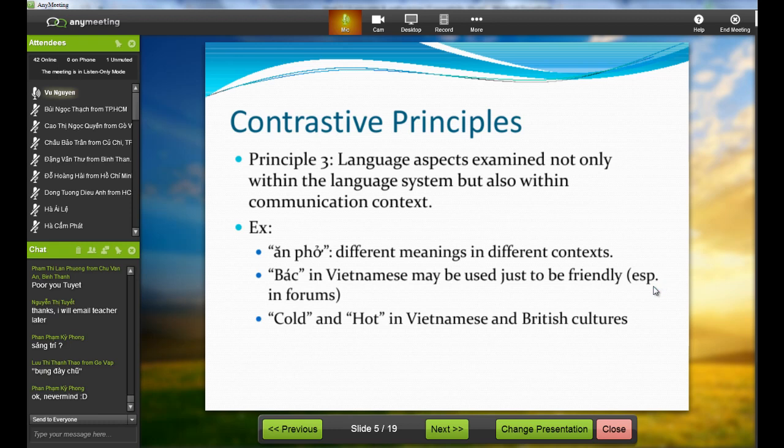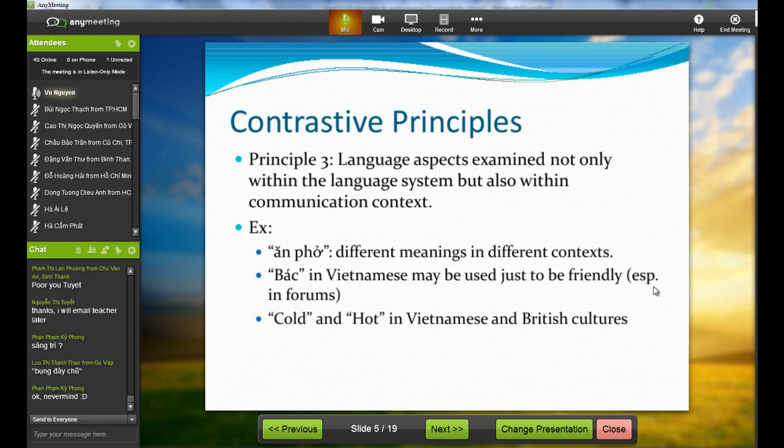Now, bác can also be used to refer to somebody who is simply older than us, like anh, chị. But in contexts where we do not see the people that we communicate with, like in online forums, we only see the nickname.